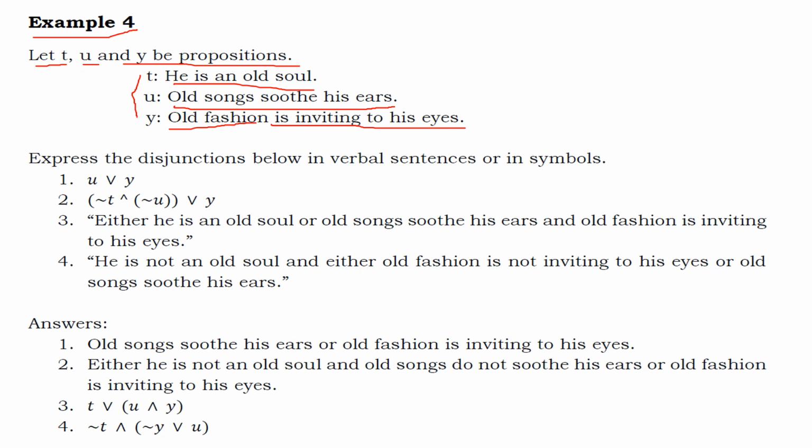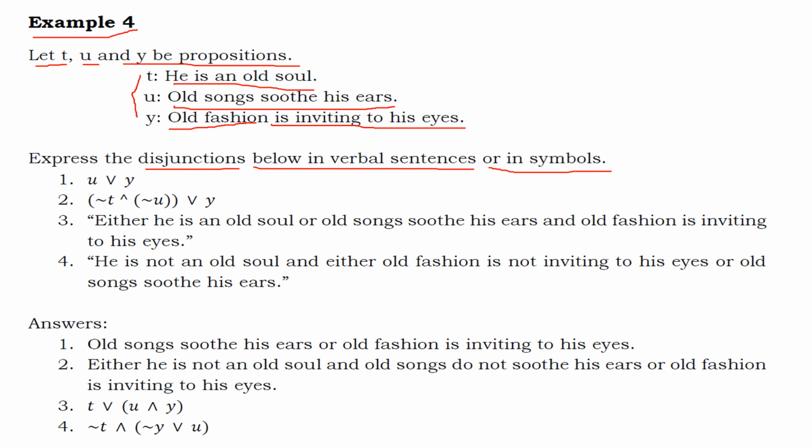So express the disjunctions below in verbal sentences or in symbols. So we are asked to express the disjunctions below in verbal sentences or in symbols. Now, in this case, we're going to apply the three logical operators, your negation, conjunction, and biconditional.